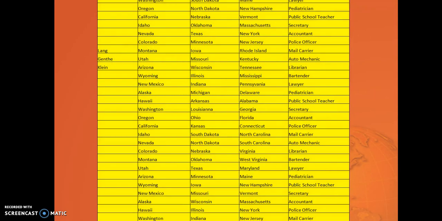Okay, so what I have for you, and these are going to be a little bit different, I'll try to just go down the row and assign these. This is what you're going to do for the rest of the class period. We're looking at a number of different types of jobs. The jobs are located right here. I've got a number of different jobs, like pediatrician and public school teacher, and you can read them as well as I can.